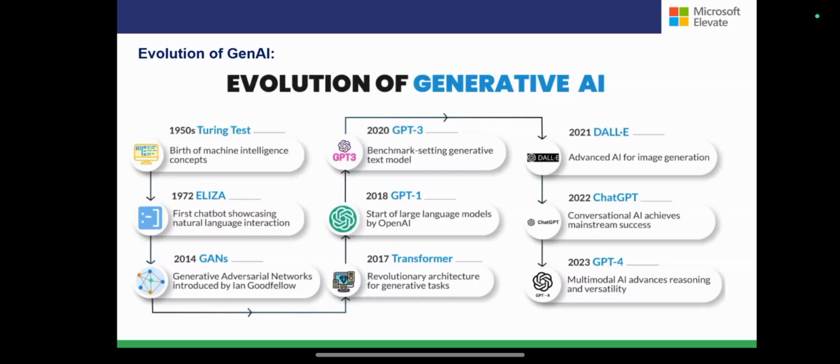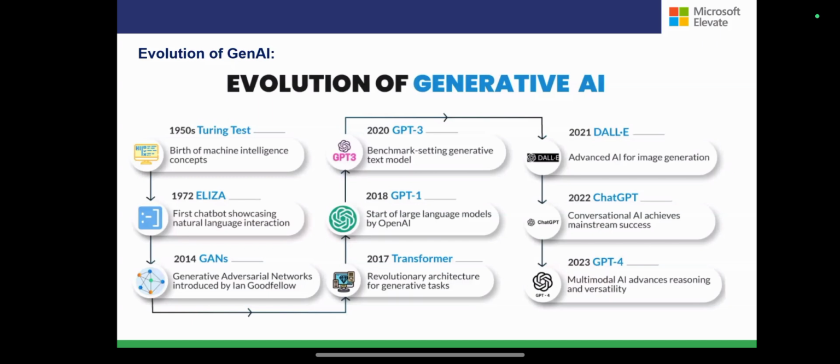Then in the year 2018, OpenAI released the GPT version called GPT-1. Nowadays we are using ChatGPT, right? Before ChatGPT, we had a large language model called GPT. GPT stands for Generative Pre-trained Transformer, from the company called OpenAI. There are different companies having their different LLM models.